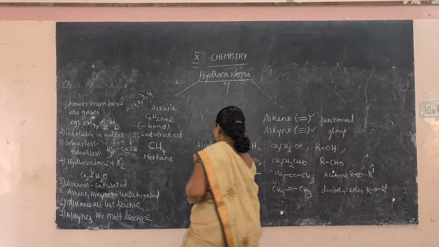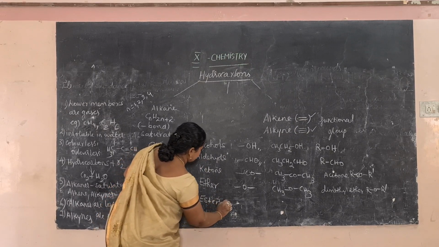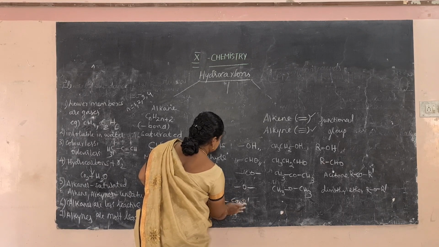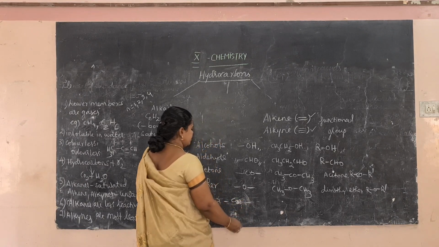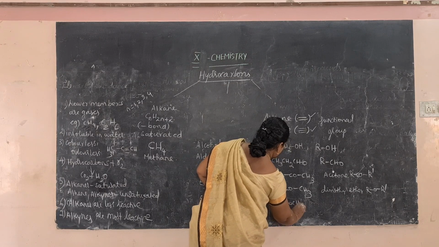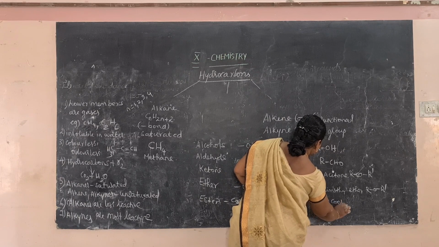Then ester. The ester will have COOR', that is COO. Here it will be CH3COOCH3. So the general formula will be RCOOR' for ester.